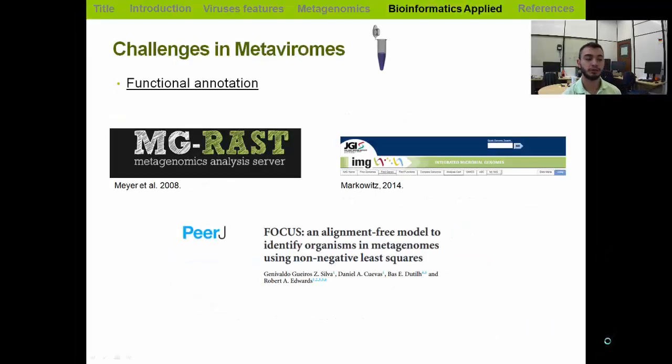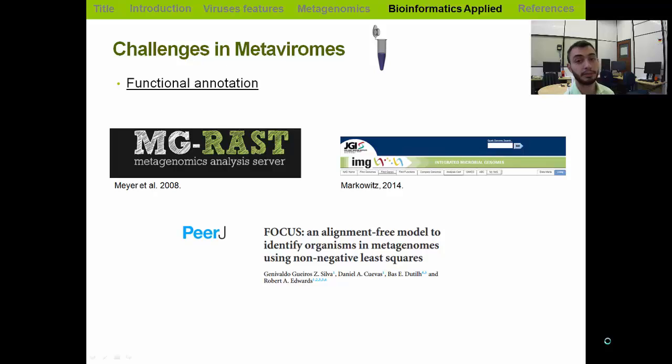And perhaps the ultimate challenge, the ultimate purpose of our bioinformatics analysis with metagenomics and metaviromes, is the functional annotation of the contigs that we assembled from this analysis. And there are some platforms that try to do that.